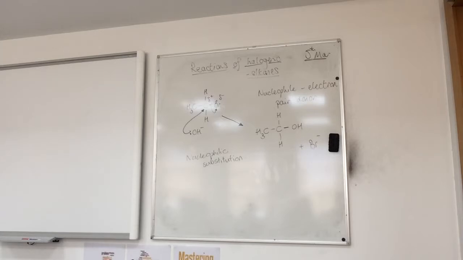But actually, secondary and tertiary halogenoalkanes will undergo a slightly different mechanism, a slightly different version of nucleophilic substitution. That is right at the beginning of our year 13 organic chemistry rather than this. So for year 12 we only need to know this really simple nucleophilic substitution mechanism.